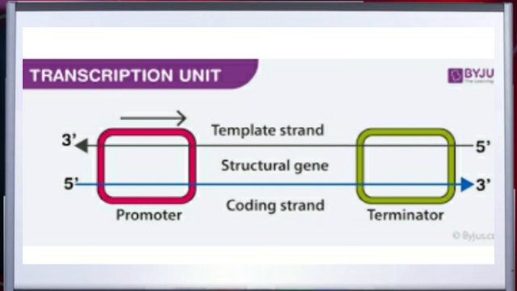Since the two strands have opposite polarity and the DNA-dependent RNA polymerase also catalyzes the polymerization in only one direction, that is 5' to 3', which is shown with the blue color in the slide, the strand that has the polarity 3' to 5' acts as a template. So it is also referred to as the template strand, as shown in the slide with the black color line.